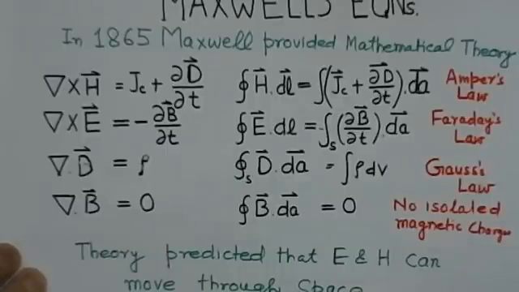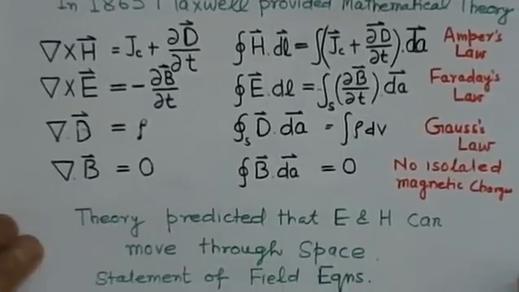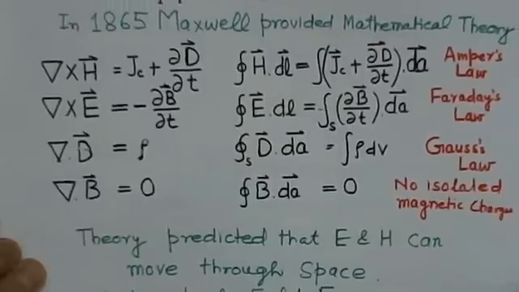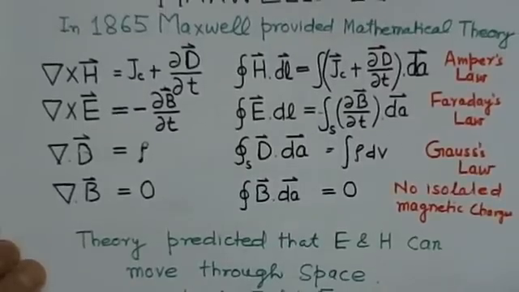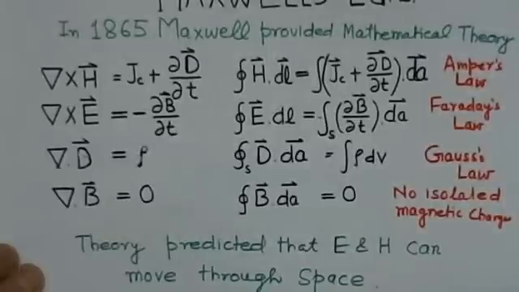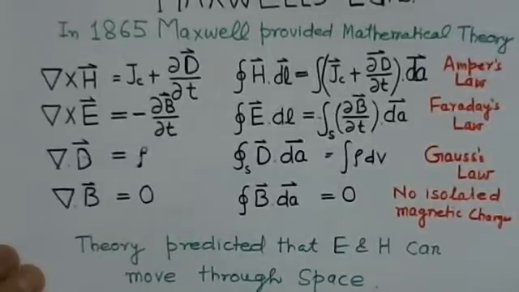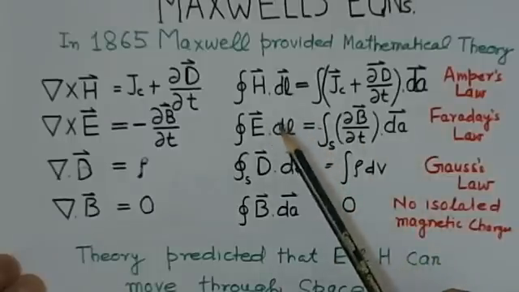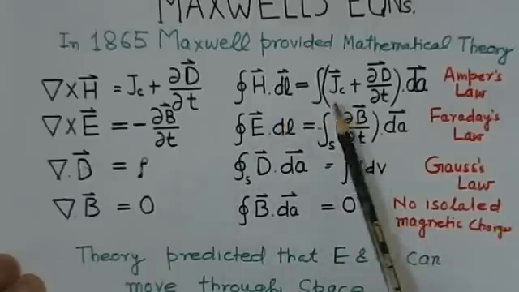So these field equations have been very important for how the propagation of waves, like plane waves, takes place in media of any kind. And we would just like to give the statement of these equations here.